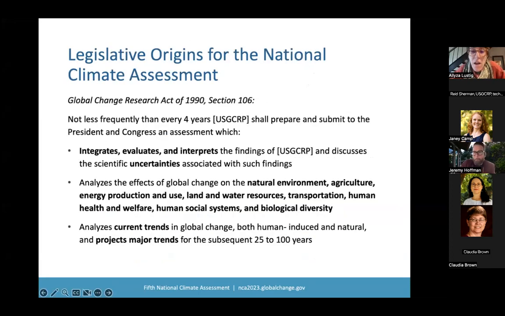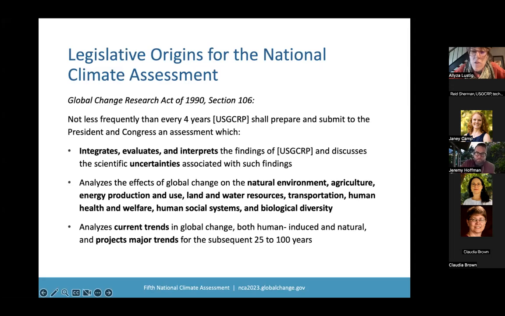That very same law that established the program also mandates a periodic scientific assessment known as the National Climate Assessment, or as you hear us refer to it, the NCA. The NCA is a quadrennial report. It analyzes the effects of global change on several sectors: the natural environment, agriculture, energy, land and water resources, transportation, human health, social systems, and biodiversity.